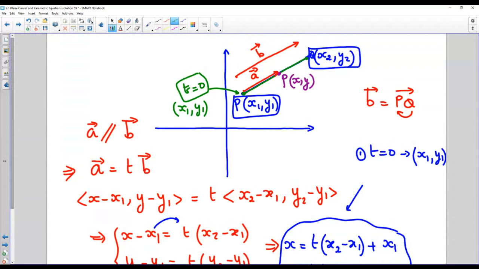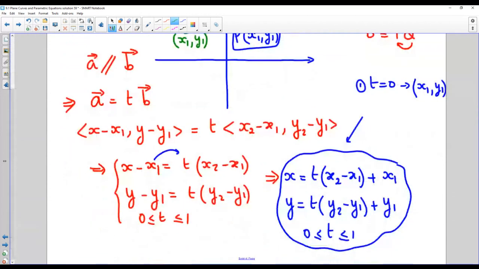Now, if you put t equal to 1 in the parametric equations, we can see what will happen. When t is equal to 1, you can see that x1 minus x1 plus x1, so you will get x2, and the value of y will be y2.